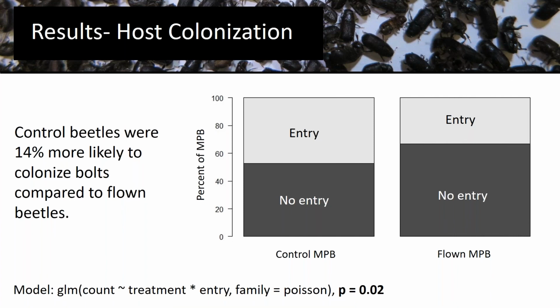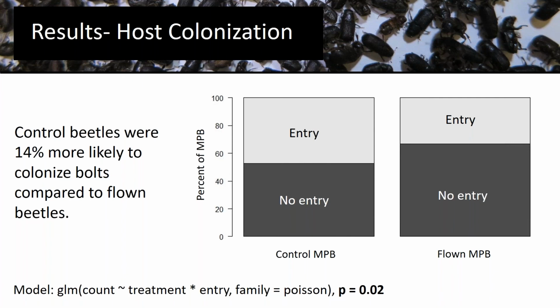So our results on the effect of flight on host colonization support the earlier findings on the impact of beetle condition on host colonization. We found that beetles that did not expend energy in flight were more likely to colonize tree bolts than beetles that experienced the flight treatment. The control beetles were 14% more likely to colonize bolts compared to the flown beetles.